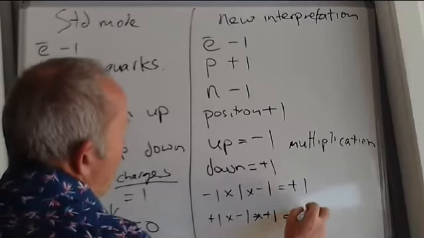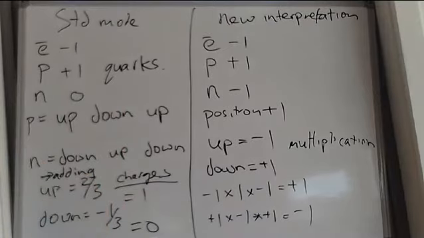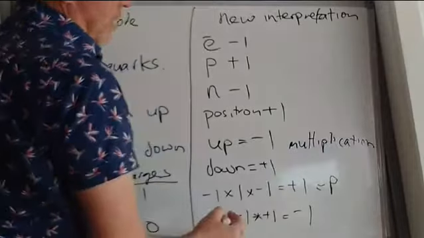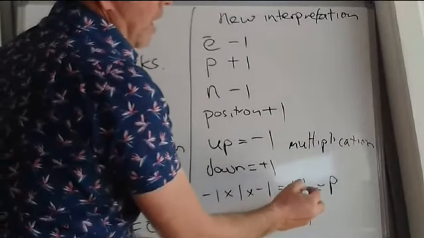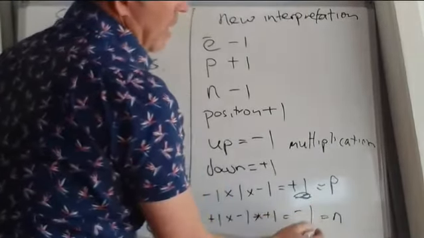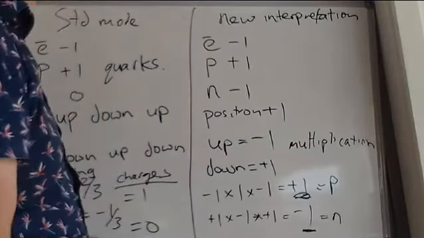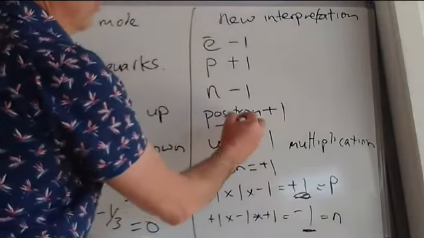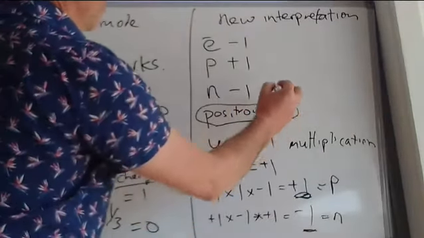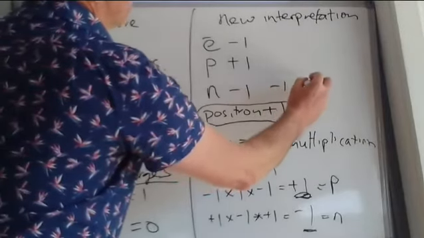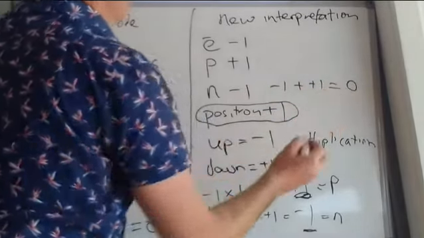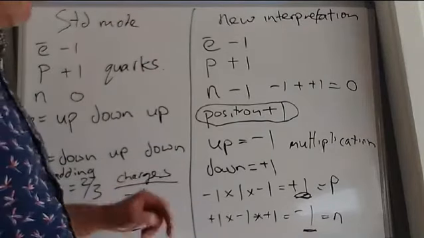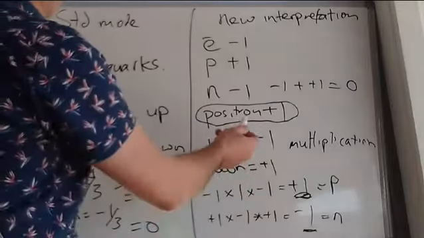Okay, so our proton in this new model is still +1, but the neutron is -1. The charge balance for the neutron comes from the inclusion of this positron, where -1 plus +1 equals 0. Therefore, the overall charge is 0 on a neutron, and the positron is included into the model to give symmetry.